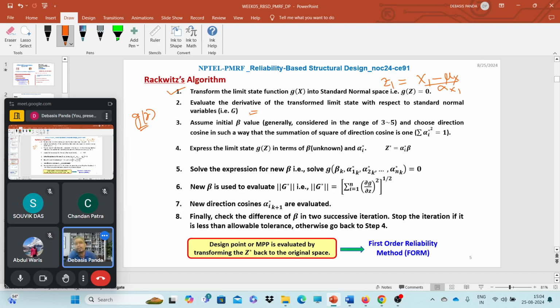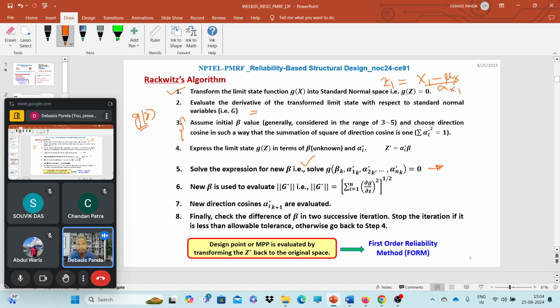Then we need to assume some initial values of alpha and beta. That is our starting point of the optimization. Once we have the initial betas and alphas, we can construct the equation of the limit state function in standard normal space in terms of beta and alpha, and we need to solve for beta.